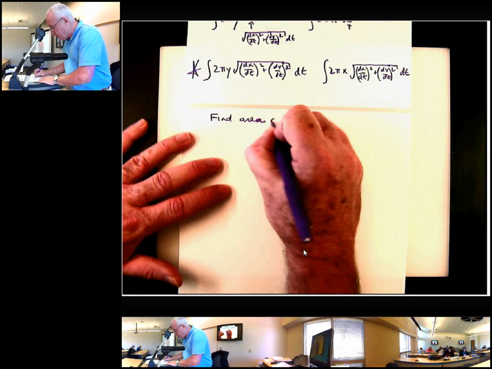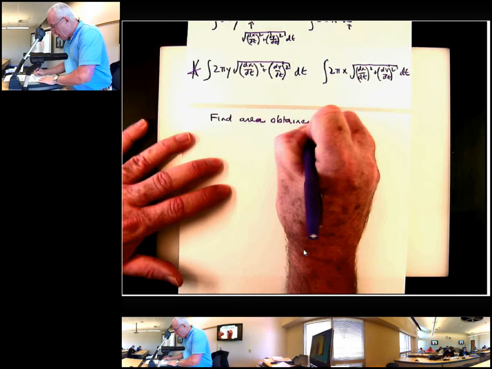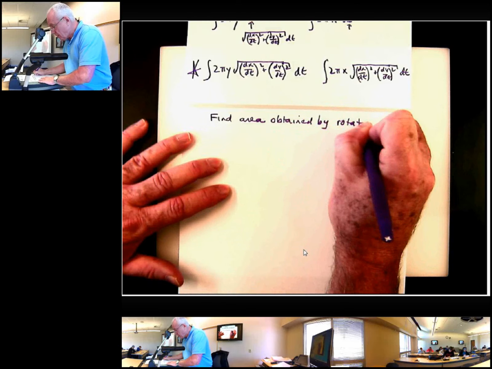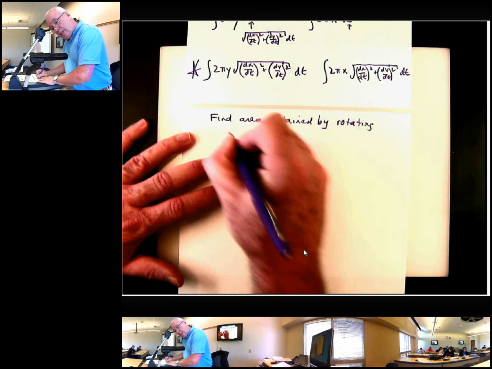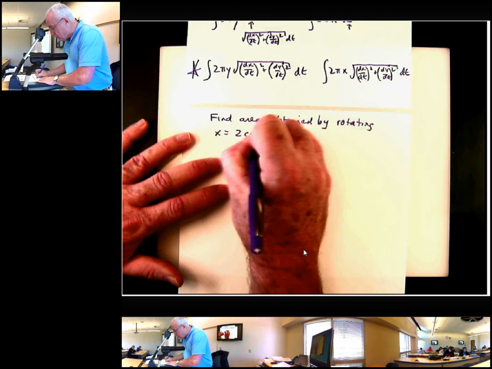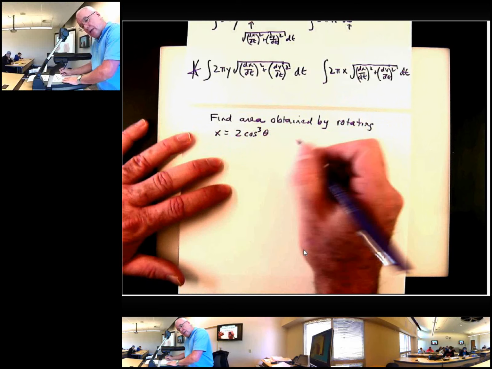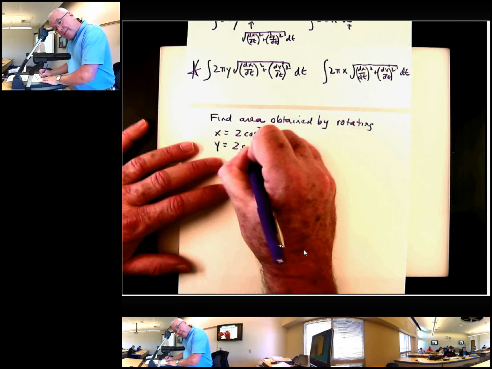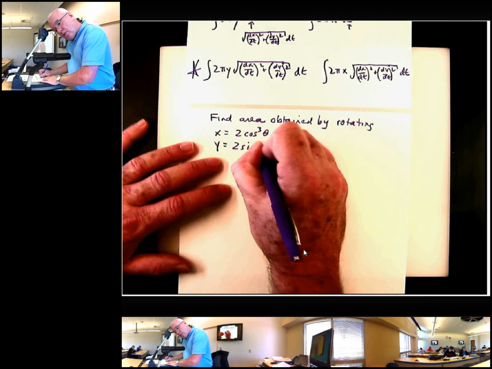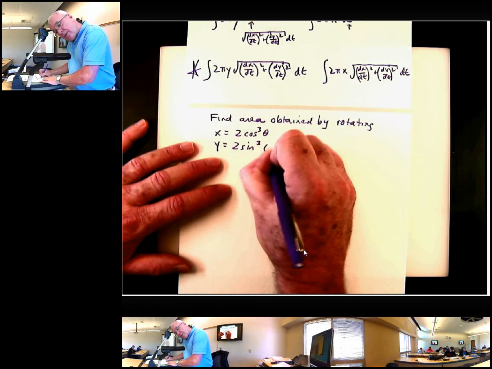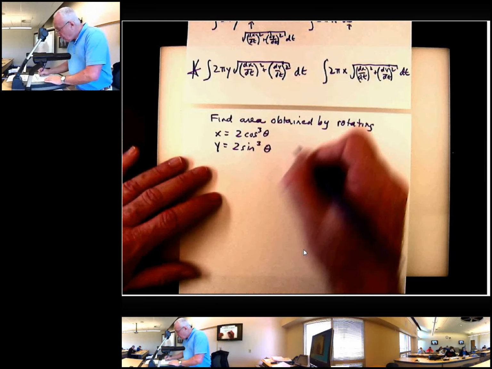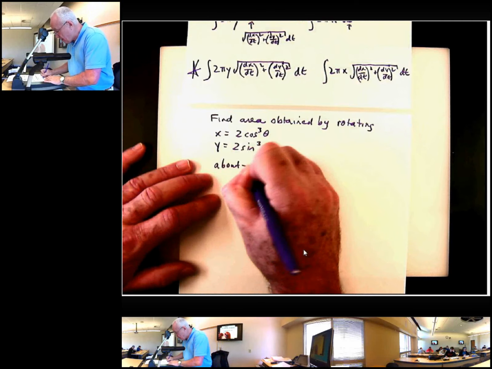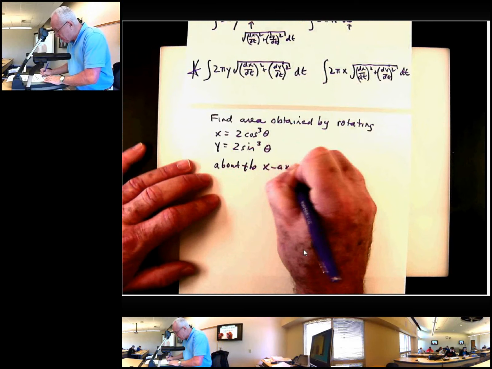Find the area obtained by rotating x equals 2 cosine cubed theta, y equals 2 sine cubed theta, about the x-axis.